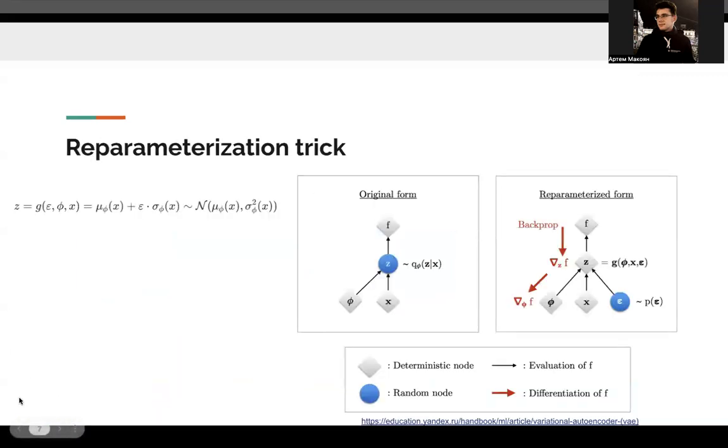Okay, what's the problem? When we want to train the model, F is our loss.